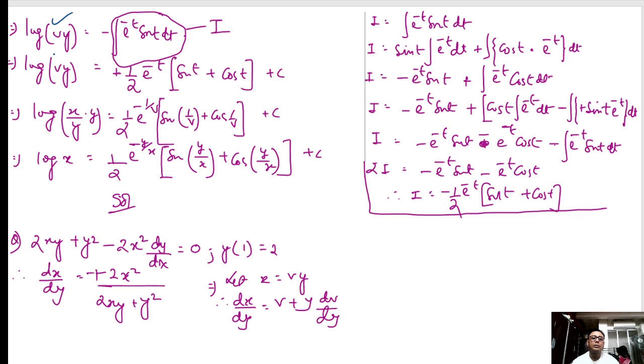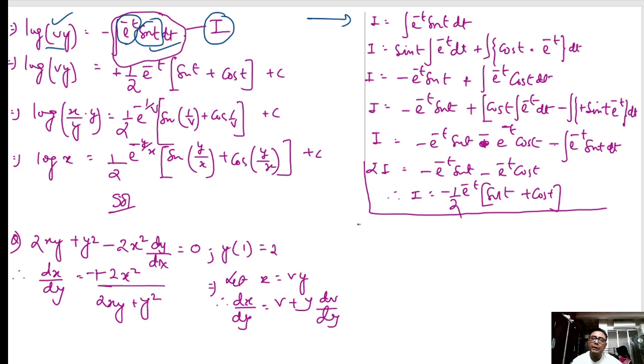Now the integration of this: please watch one thing. We have to integrate it, but this is a product form of integration. So let us name this integration as I. So here we are solving the I.